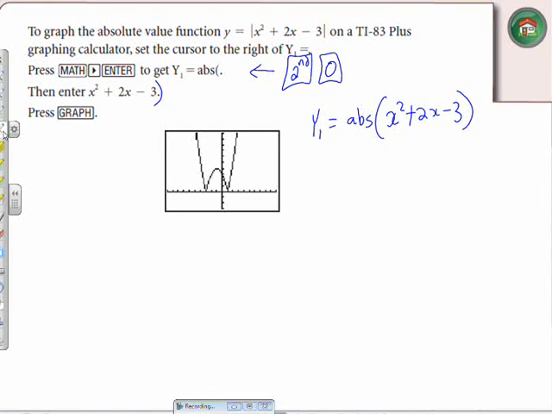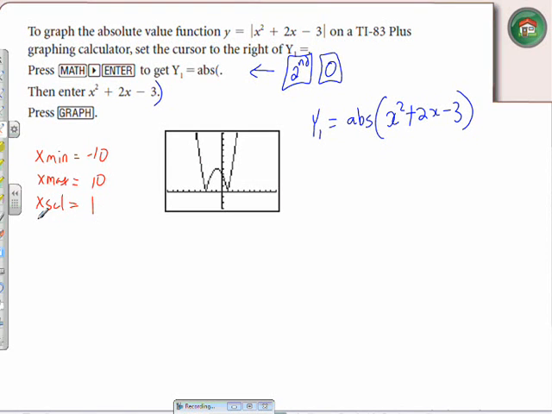The window that they're using here is, let's talk about the x. 1, 2, 3, 4, 5, 6, 7, 8, 9, 10. They're using an x min of -10. Then the x max is +10. The x scale is 1.